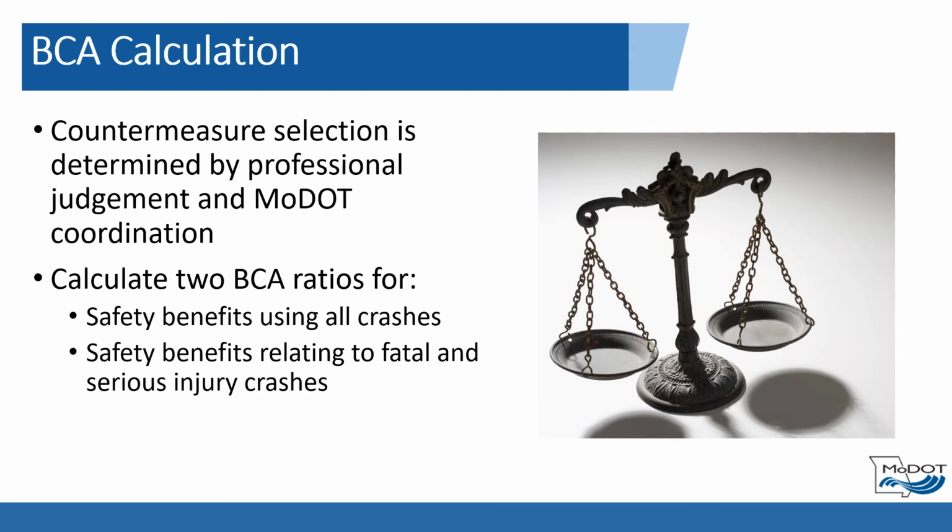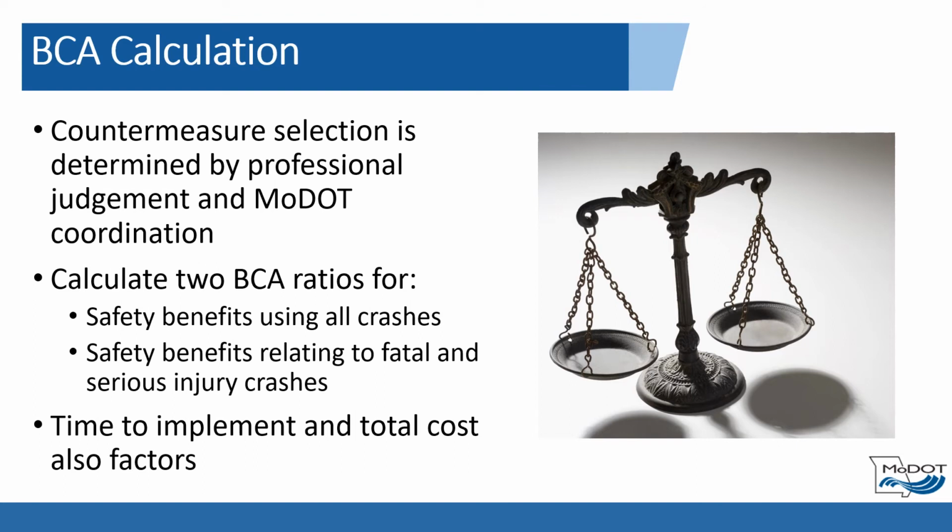The use of the priority BC analysis allows the department to focus and prioritize safety projects that will maximize lives saved over a project that reduces property damage only type crashes. Other factors, such as the required time to implement and total costs, should also be factored into the decision.